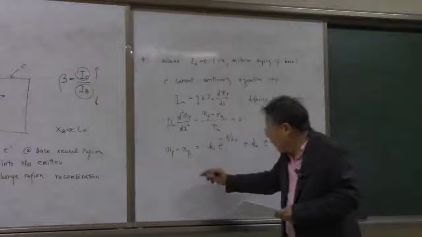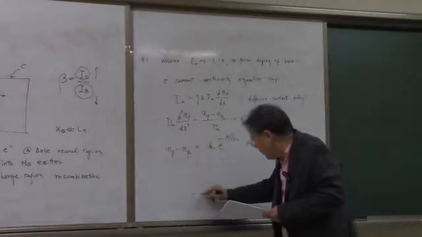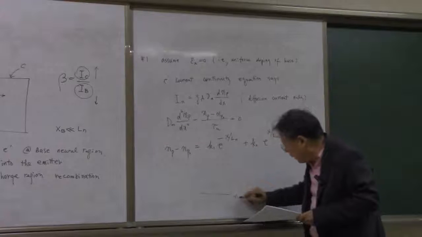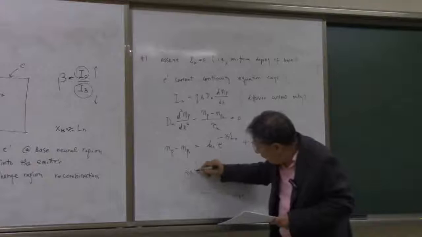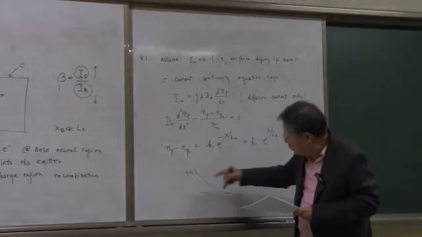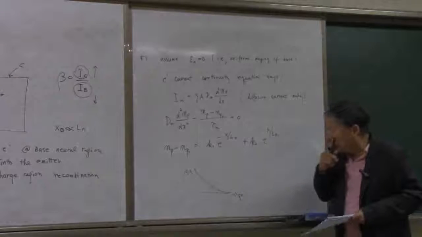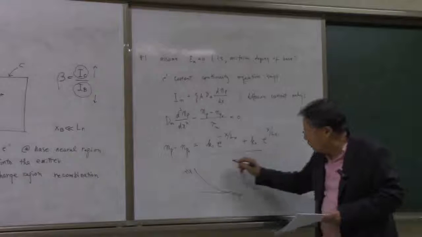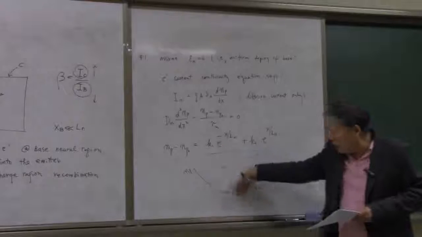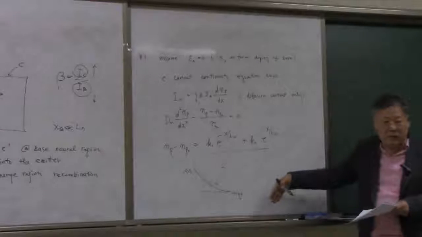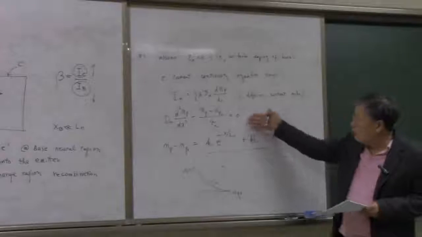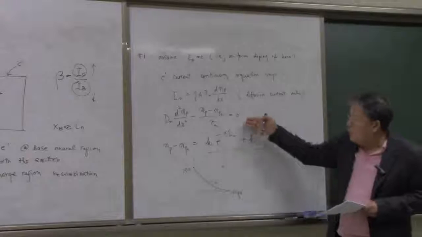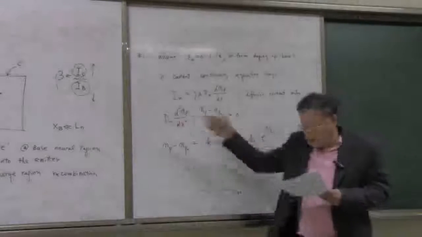This is n_p0, and then the injected value at the space charge edge is going to be n_p, and this is actually the profile of the decay of injected electrons into the base, okay? And that is the general solution of this equation.